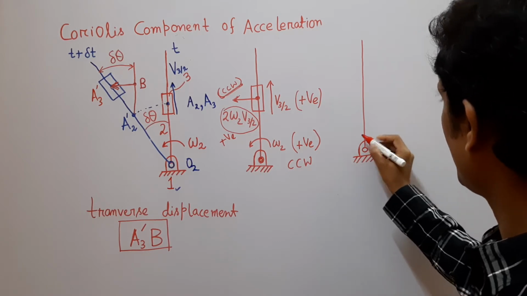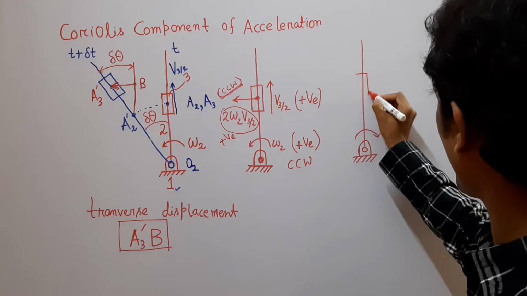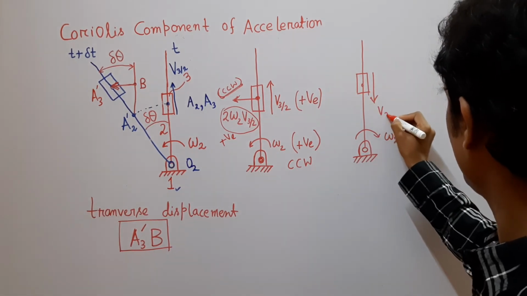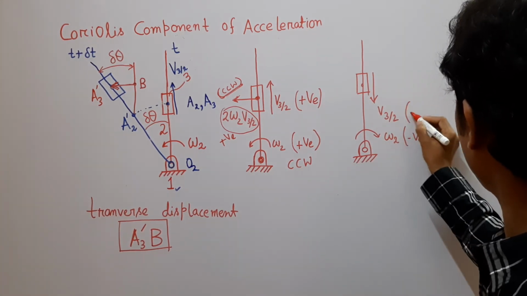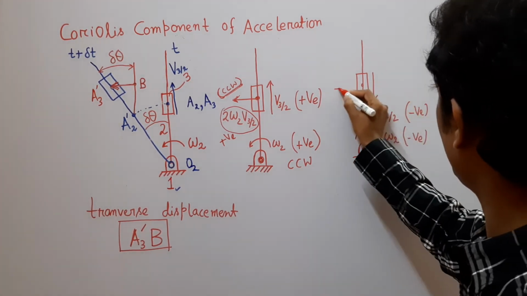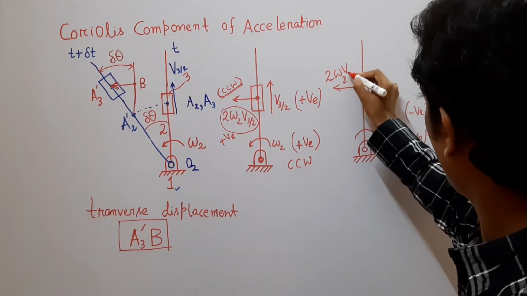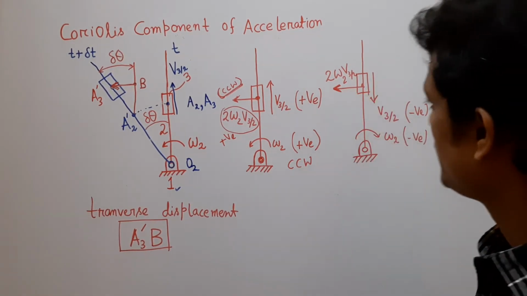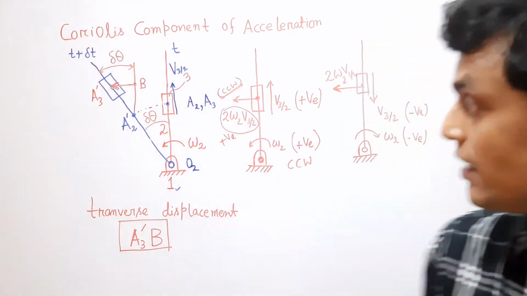That is, say omega 2 is clockwise direction and this is V3 by 2, this is also negative, both are negative, then 2 omega v will be positive. So this is the rule to find out the direction. This is an easy task.